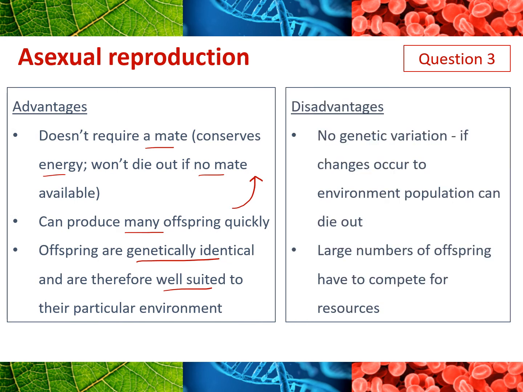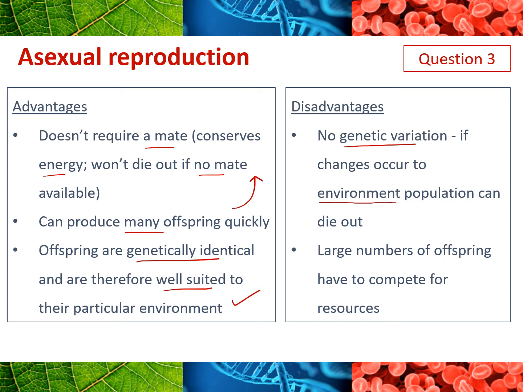The disadvantages of this, the first one is that there's no genetic variation. So we've said that that's an advantage if they suit their environment, but it can be a problem, firstly, if they don't suit their environment, or more likely, if the environment changes.